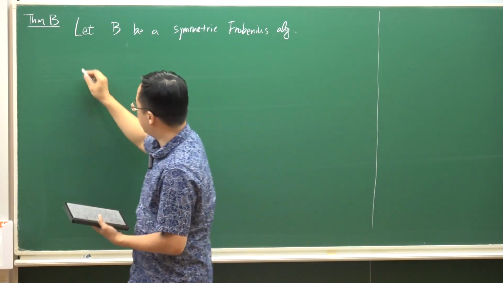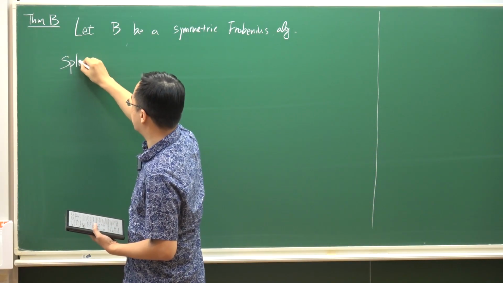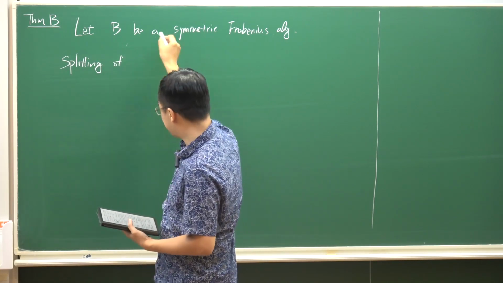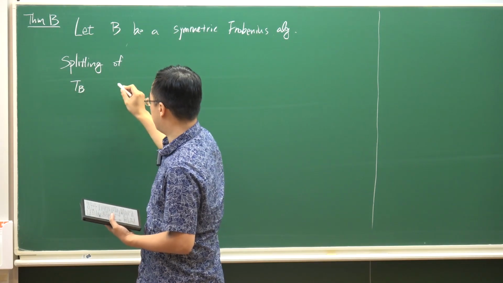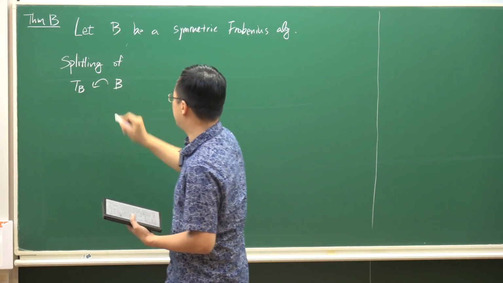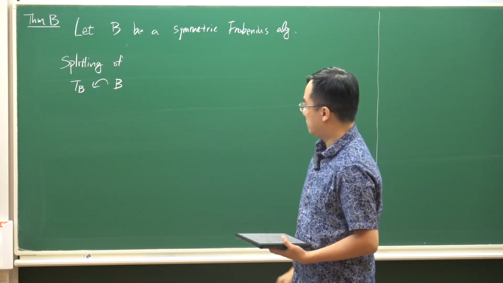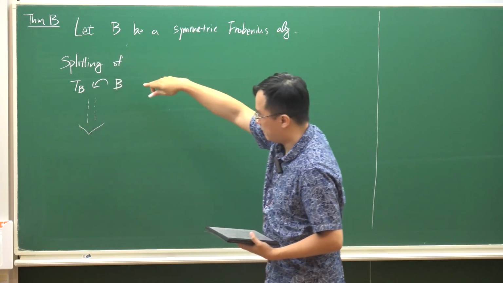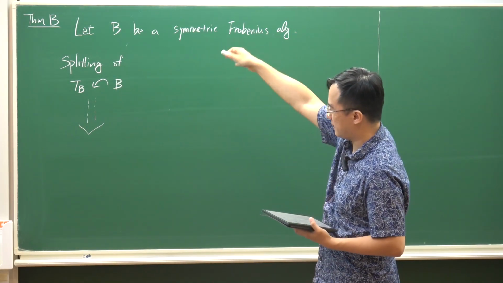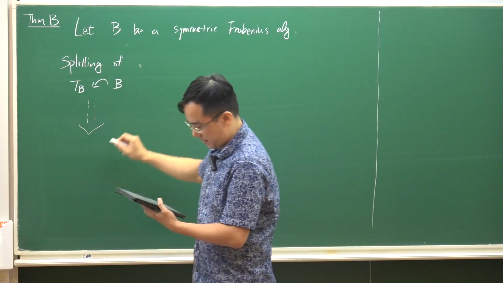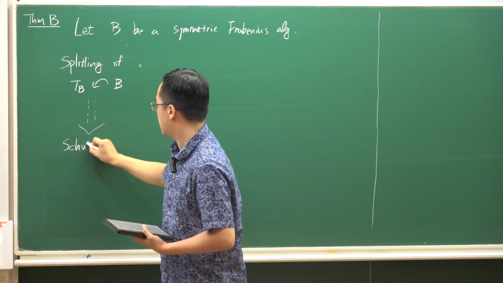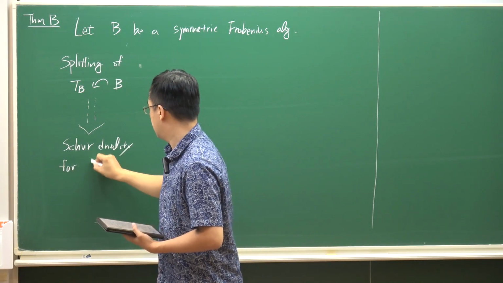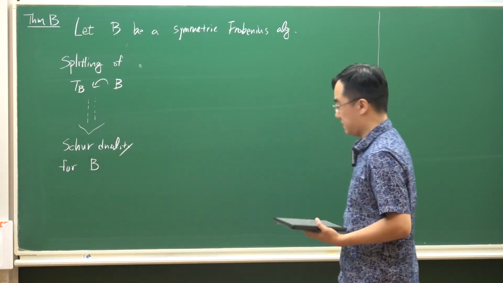And then you need a certain condition on a splitting of the tensor space corresponding to this B action, which is not part of the theorem. I will talk about the relations between these conditions, but this usually implies Schur duality for B acting on this tensor space.